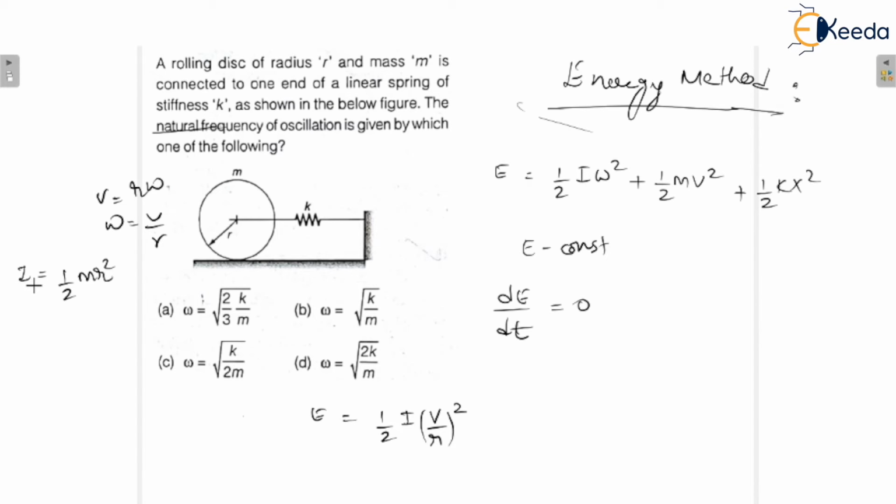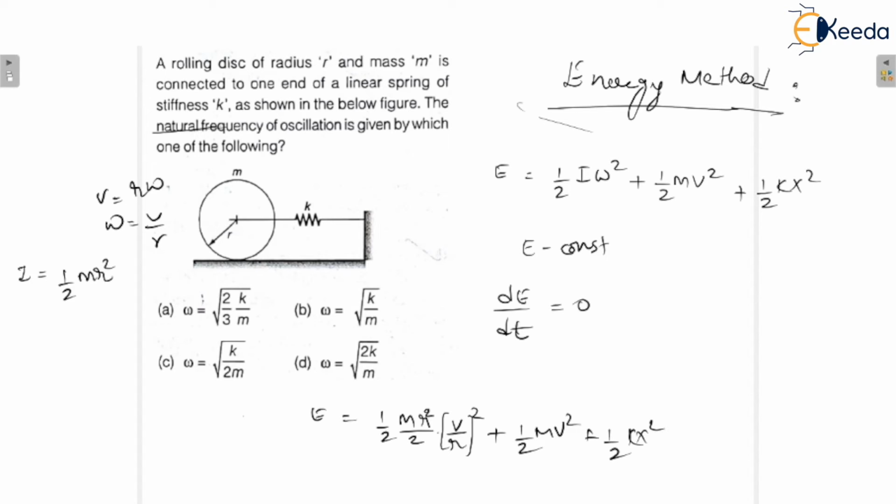So I is equal to mk square, which becomes mr square by 2. I'm just replacing this value of I again: half, mr square by 2, v upon r whole square, plus half mv square, plus half kx square.